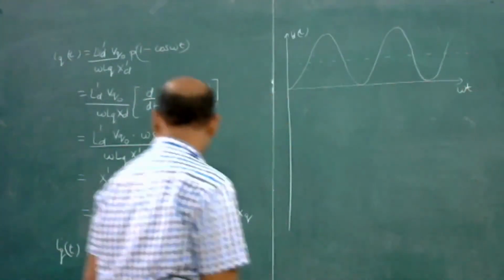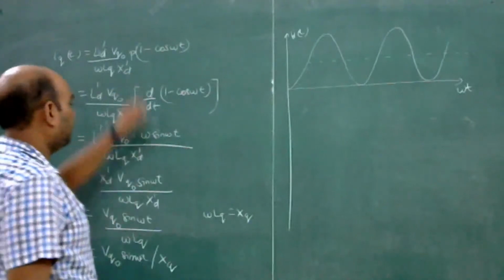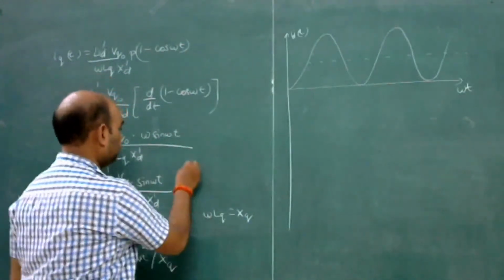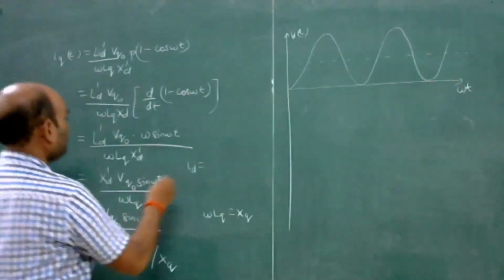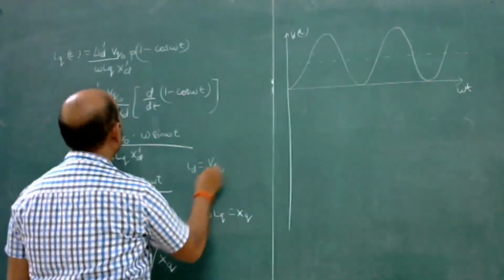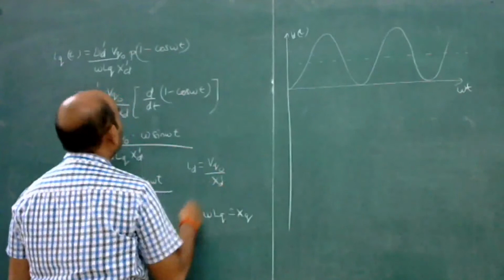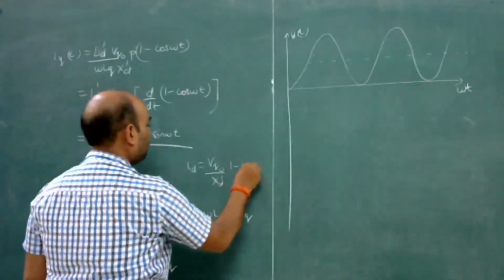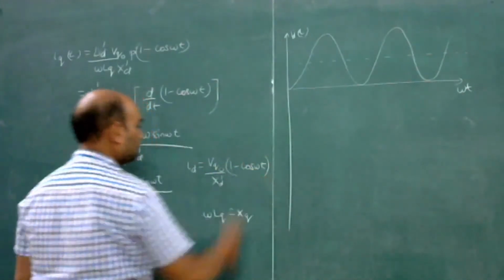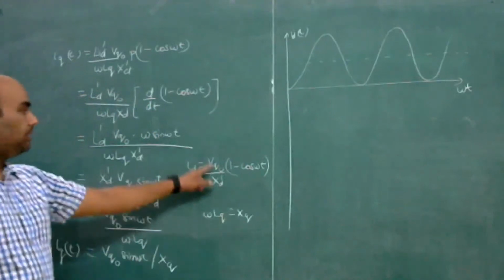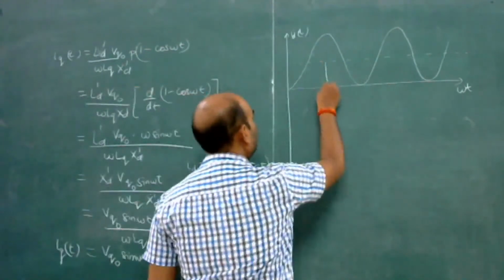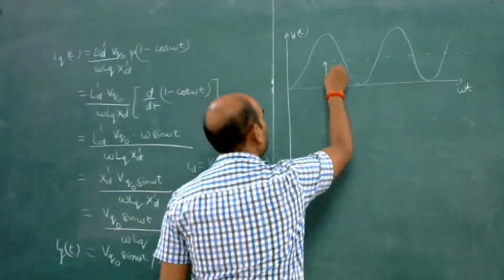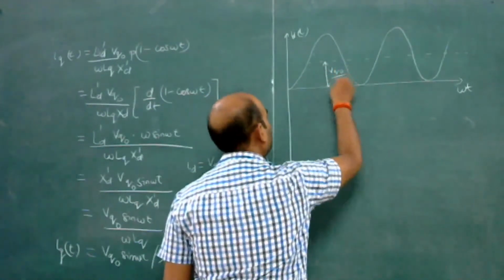So IQ is this much and ID is equal to VQ upon XD dash times (1 minus cos omega t). Okay, so this is VQ upon XD. This value is VQ naught upon XD.